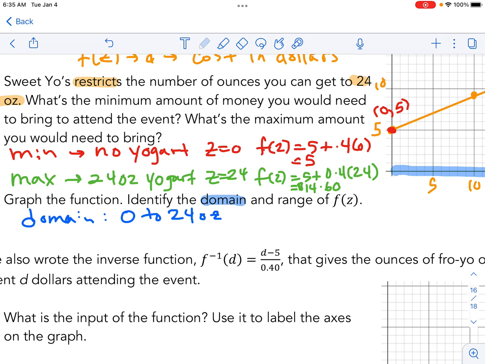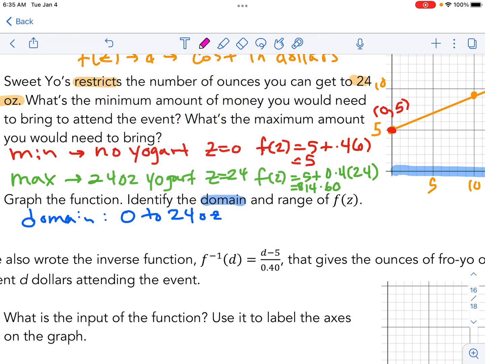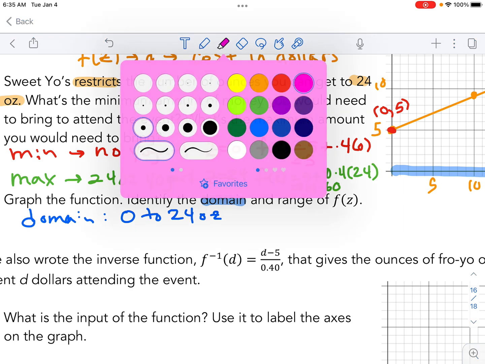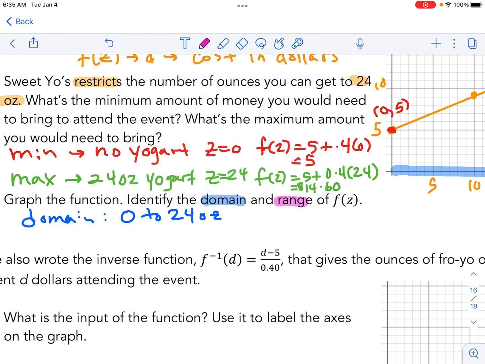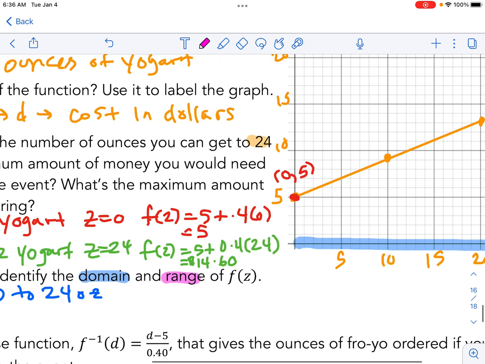And then the range is the corresponding y values. So the range is going to be, well, let's see, we start at 5 and we go up to that 14.6, right?